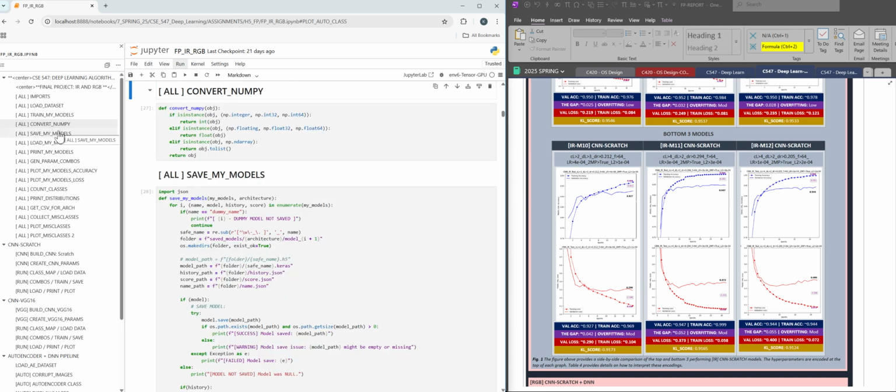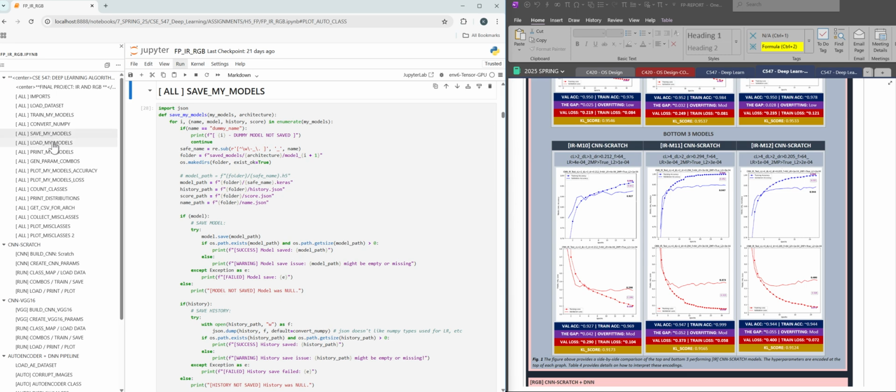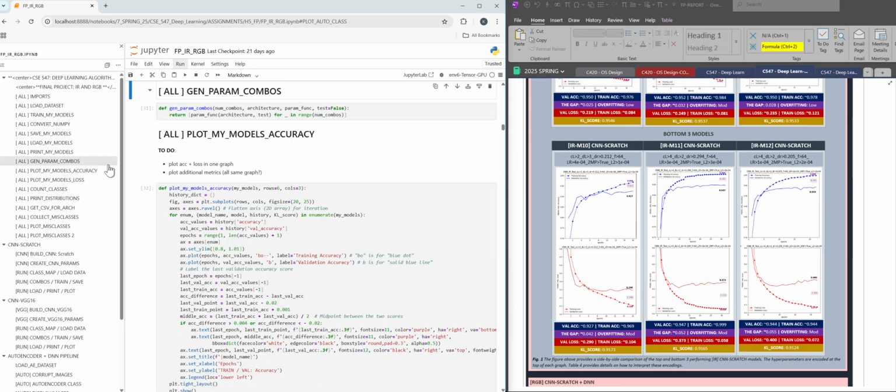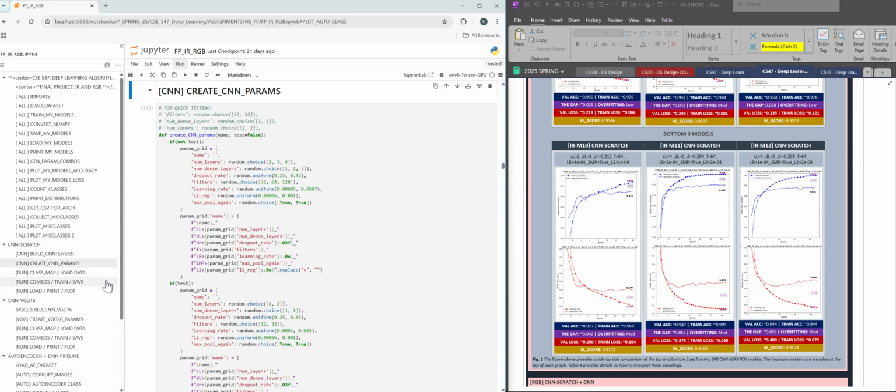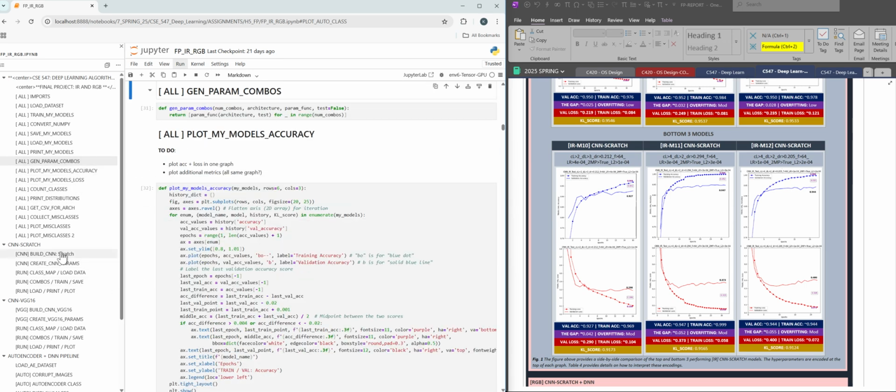Okay, so now save, load, print, general. Here we are generating the random parameters. If we go down here and look at our parameter grids, it's going to take these parameter grids and generate as many combinations as we specify.